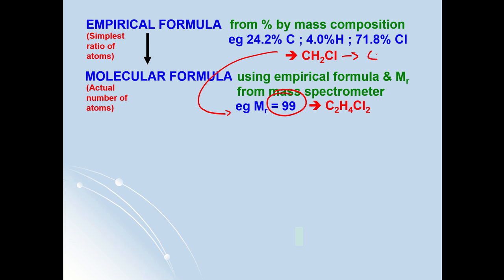Okay, so it's 49.5. If we added that all up, we know that 99 is double that. So therefore, the relationship between molecular formula and empirical formula is 1 to 2. So we just double everything that is in the empirical formula to get the formula of one molecule, keeping of course the ratios at 1 to 2 to 1.